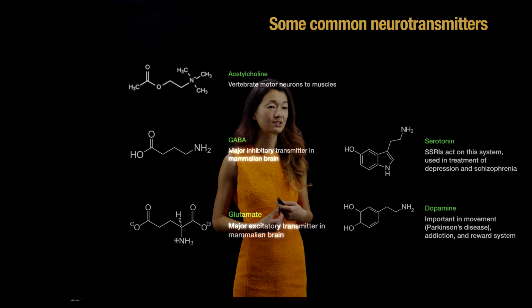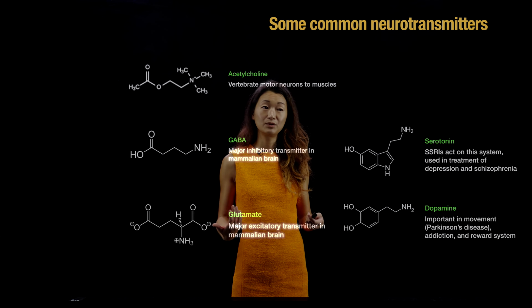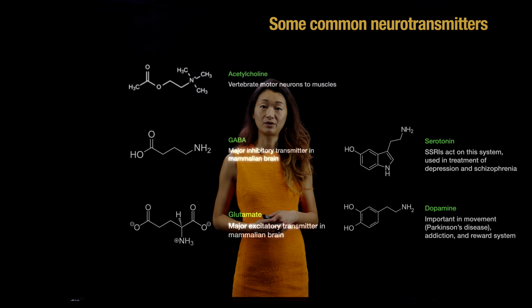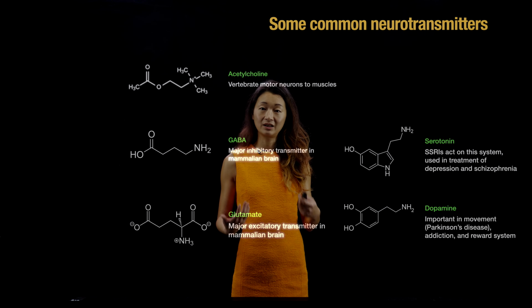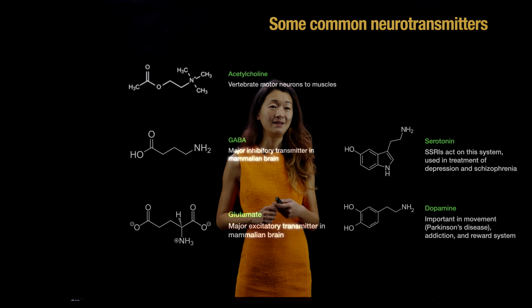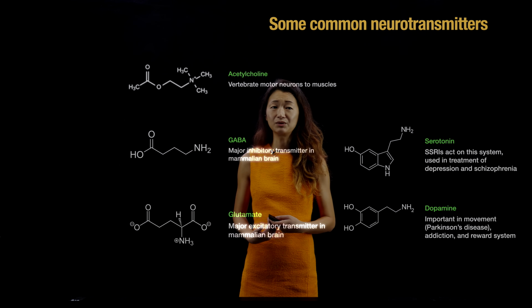These are medications that are commonly used to treat depression, bipolar, and schizophrenia, for example. So you may have heard about serotonin in that context. And dopamine is super duper important as well because it's implicated in pathologies including Parkinson's disease. And as we'll see in a couple of videos, we'll talk about how dopamine is really important in our attempt to understand addiction and reward.